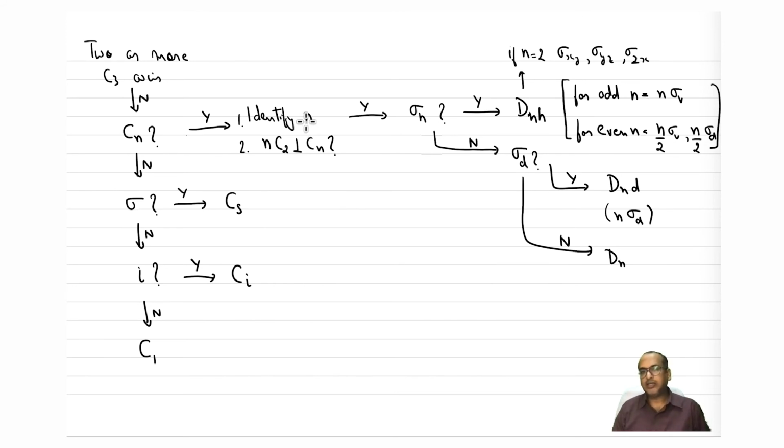In certain cases, yes, you can do it, but in certain cases you cannot. So the easier way is to call the C2 axes C2z, C2y, C2x, and the planes sigma xy, sigma yz, sigma zx, instead of calling them sigma h and sigma v's. Okay, so that helps, but this is only for the D2h case where n is equal to 2.